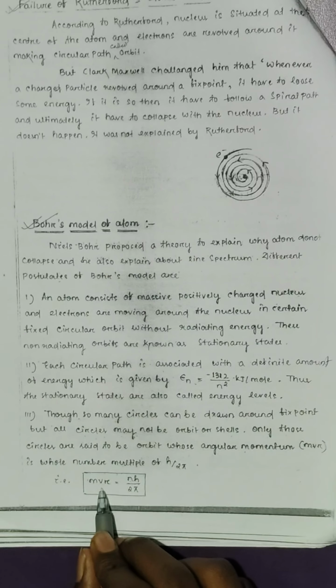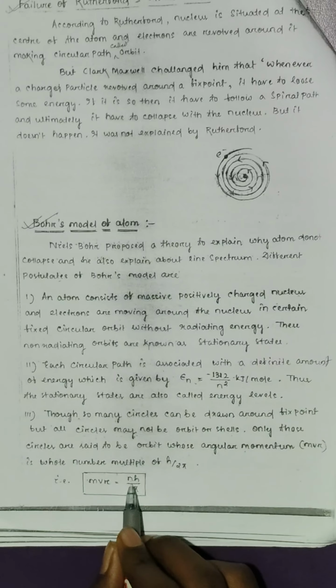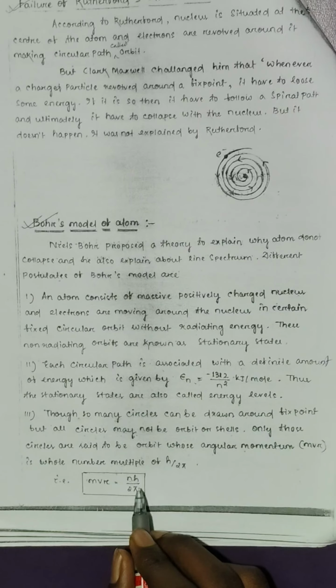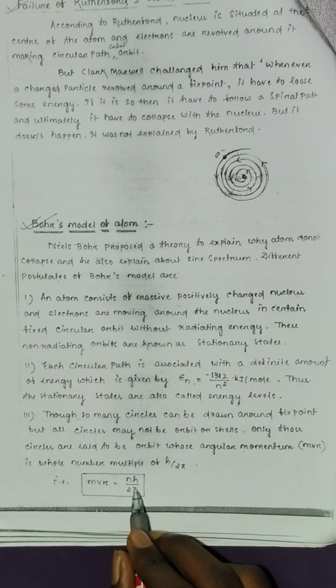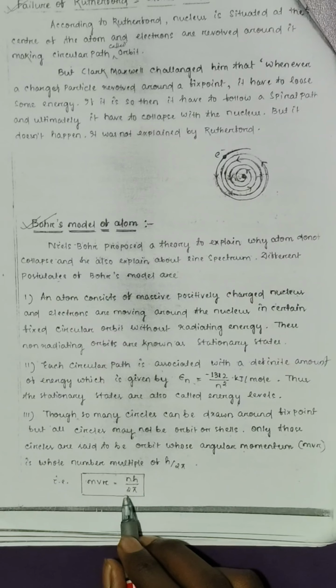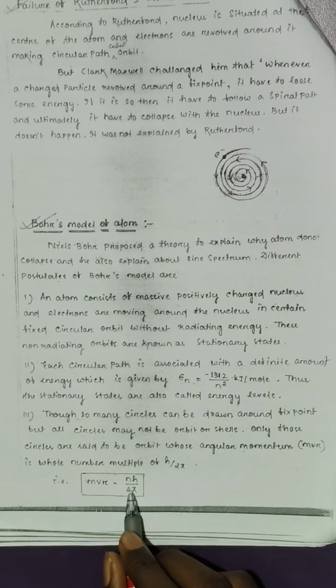Wholly, it is angular momentum. Here n is a whole number, a natural number. h is Planck's constant. We will discuss Planck's constant in upcoming videos also, divided by 2 pi.